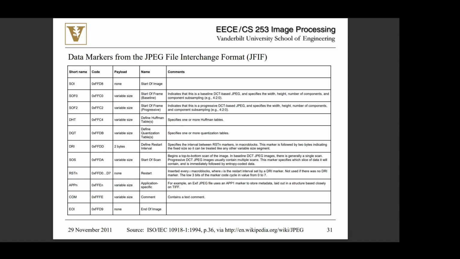You can embed your quantization tables, so not all images are quantized in the same way, and the quantization table also has to go in the metadata. There are many other different labels, even a comment, so you can make comments and put them in the metadata.